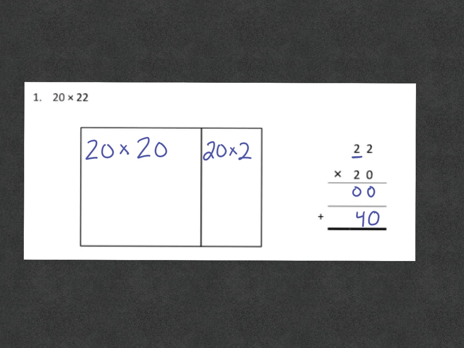And then 2 times 2 again is 4. So it's going to equal 440. Over here in the first box, 20 times 20 is 400, and 20 times 2 is 40. 400 plus 40 equals 440.